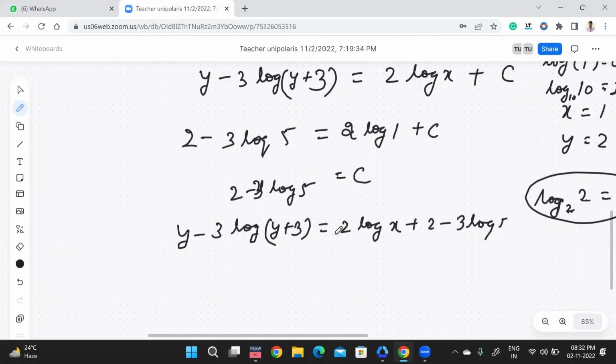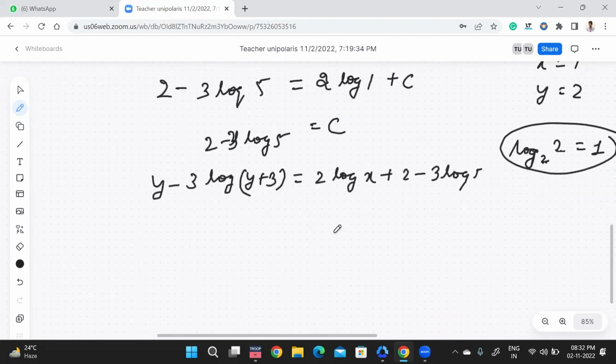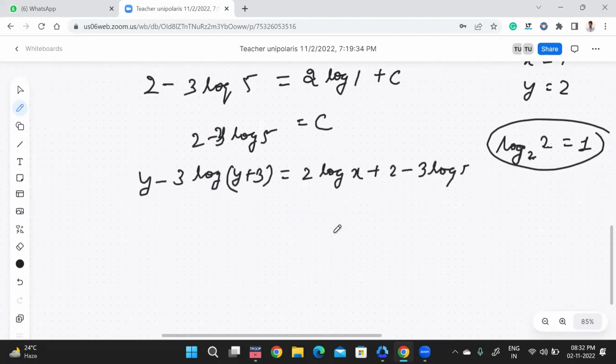They are converted to e raised to the power something. So we have to solve it a little more. So we can write it as log (y plus 3) whole cubed, and here we can write log x squared.